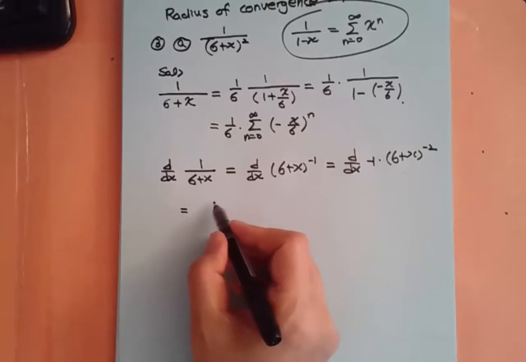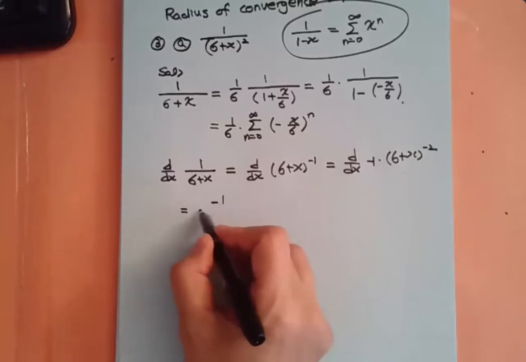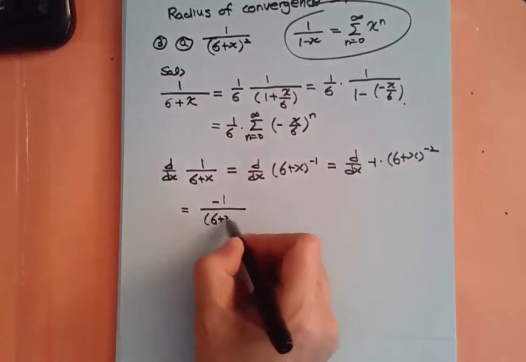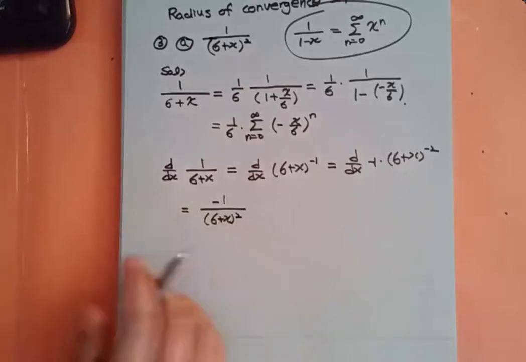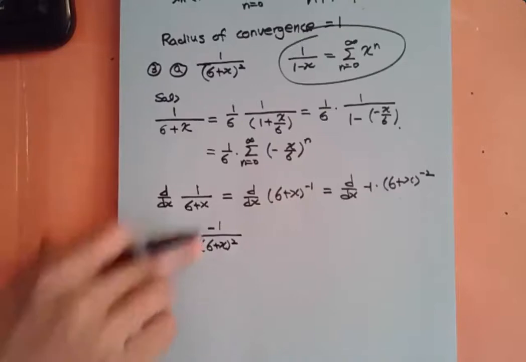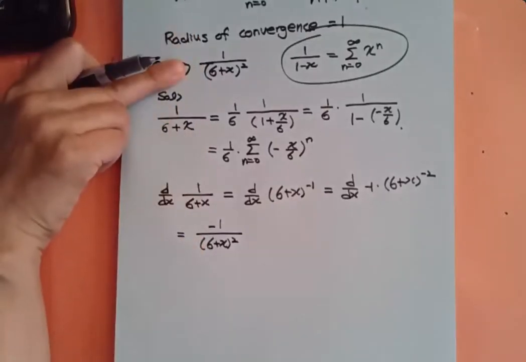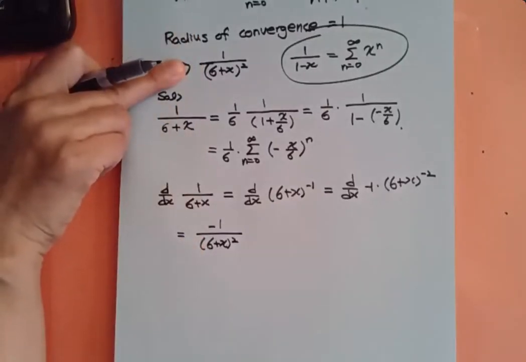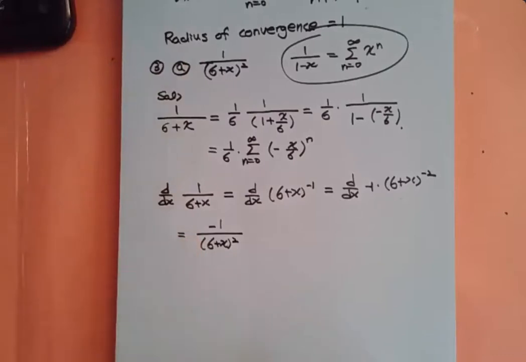So that becomes negative 1 over 6 plus x squared. So those are related to each other, but this is the negative of the given one.